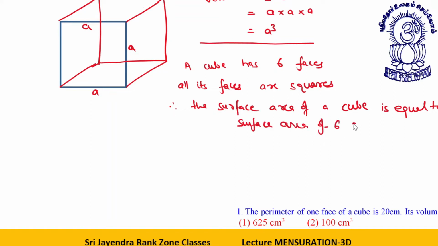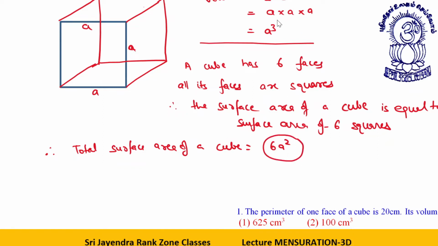Therefore, total surface area of a cube is equal to 6a square. This is the surface area and this is the volume. These two small things you can keep in mind.